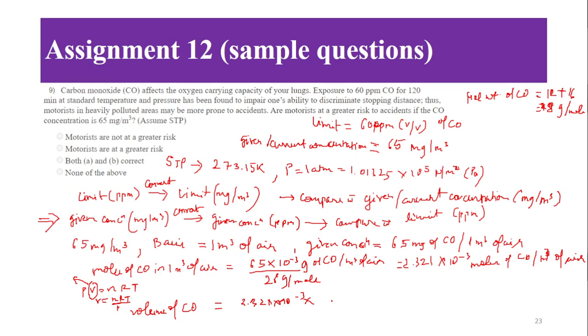I am taking here 8.314, this is in joule per mole Kelvin. Okay, and 8.314 into temperature. So STP is given here, so 273.15 upon pressure, which is 1.01325 into 10 to power 5 Newton per meter square.